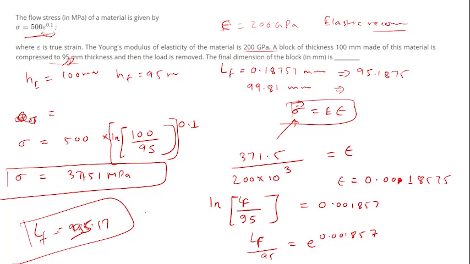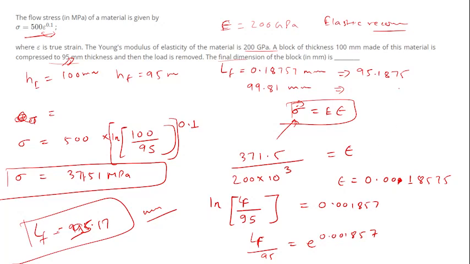Ma'am, this strain of 0.00 has reduced by this much from the actual value. See, recovery means it will increase, right? Yes ma'am. So L final here means whatever final dimension I have written. Here we are doing initial upon final only.